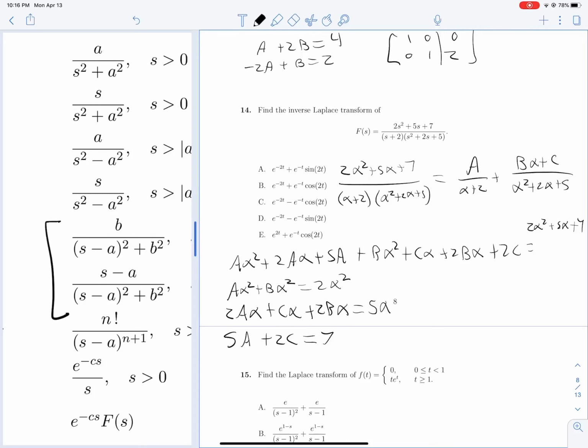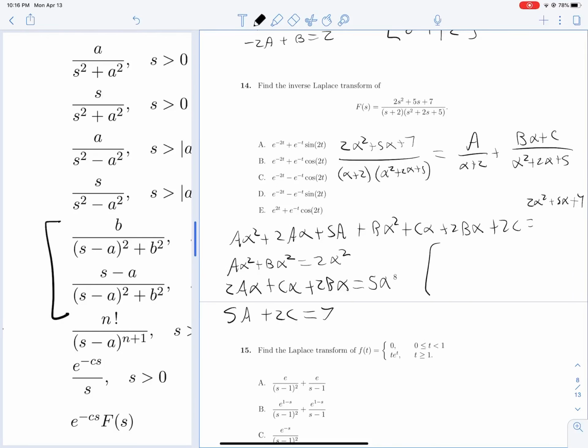I'm going to make a matrix out of all of this with an A, B, C column, and then the value it's equal to. We have 1, 1, 0, 2 coming from here because we have no C's in here, so we have a 0 in that position. Then 2, 2, 1, 5, and finally 5, 0, 2, 7.